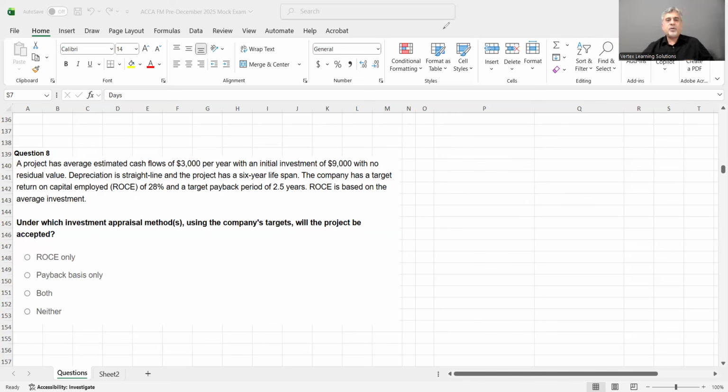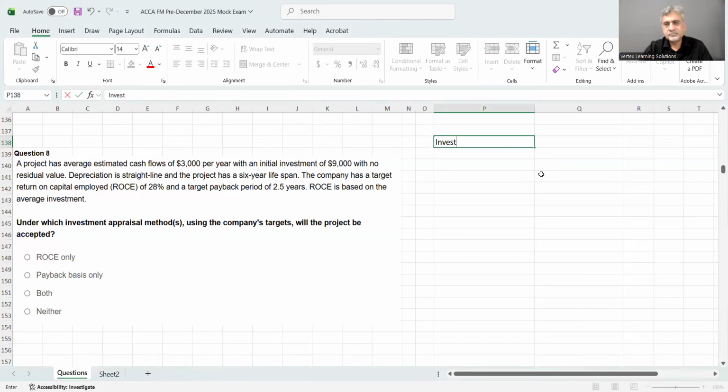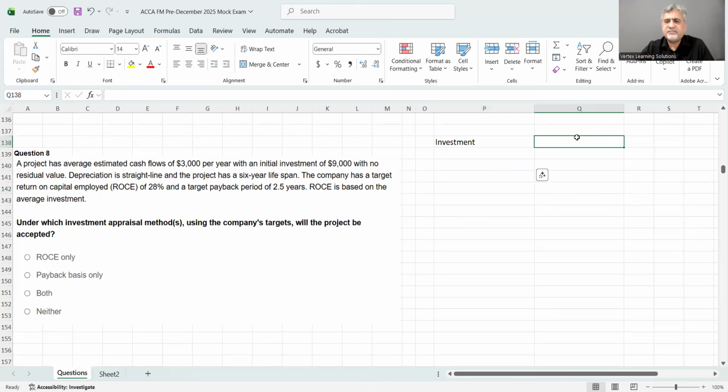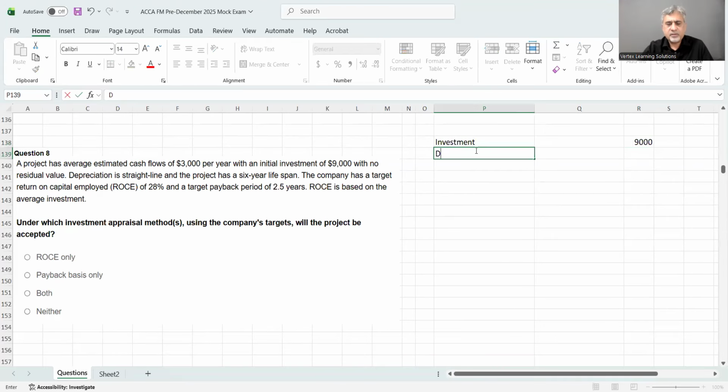So let's first calculate the ROCE. The investment, probably some equipment, is 9,000. Depreciation will be 9,000 divided by 6 years, because it has a 6-year life.